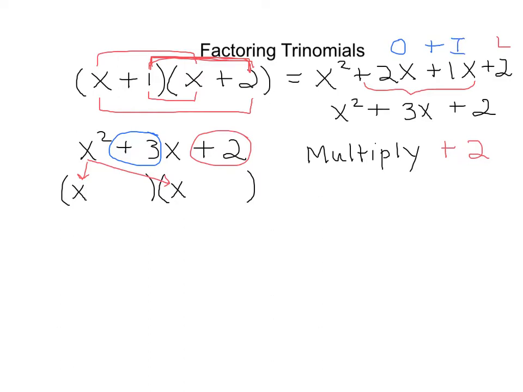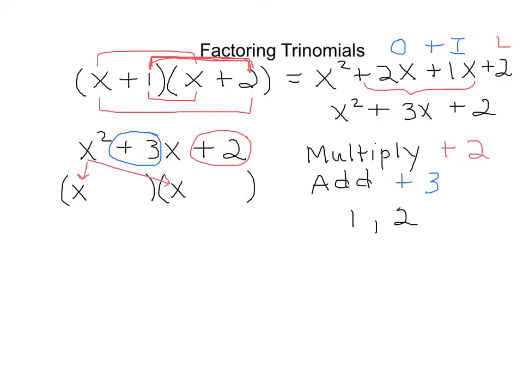So when I say combine, add or subtract depending on their sign, so I'll just say add to, in this case, a +3. So we had a 2x and a 1x that gave us a 3x, so we need a +3. And of course we have the answer right above, x plus 1, x plus 2, and of course the only factors of 2 are 1 and 2.